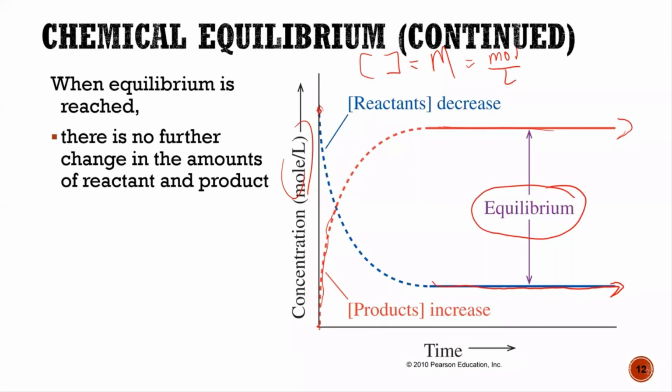Now, a lot of people struggle with this concept. They don't understand how I can have equal rates of reaction, forward and reverse, but different concentrations. So this is kind of a cheesy analogy, but I hope it helps. Think of a club.